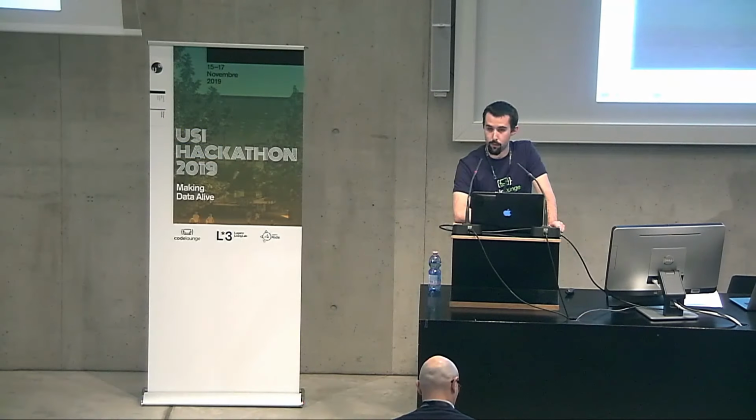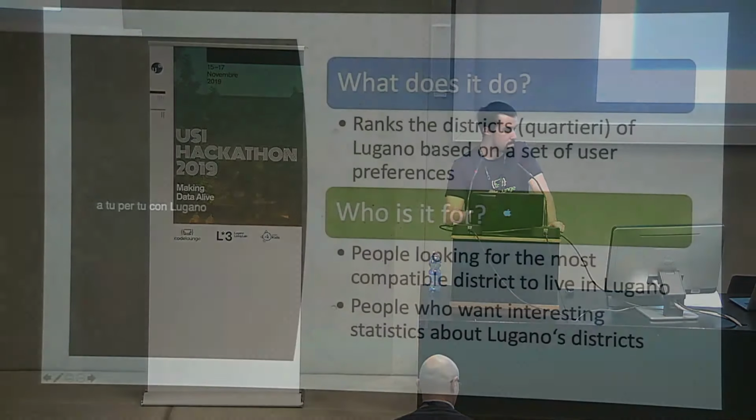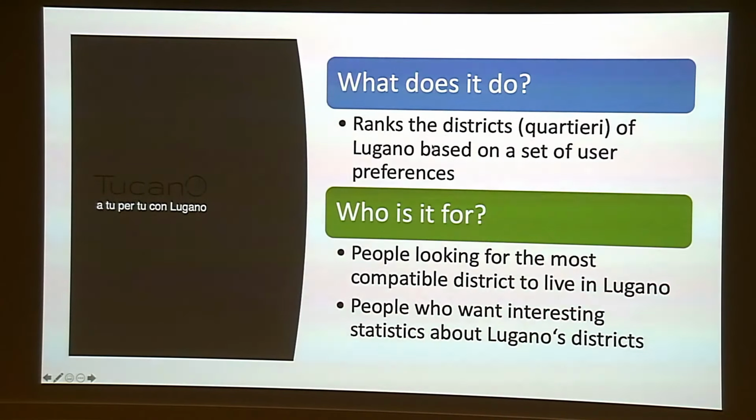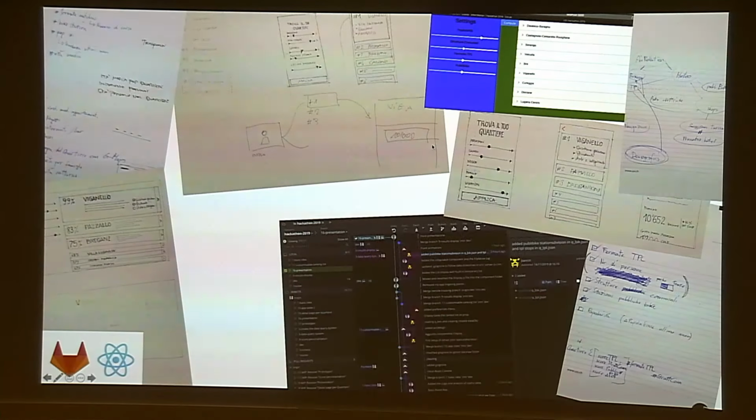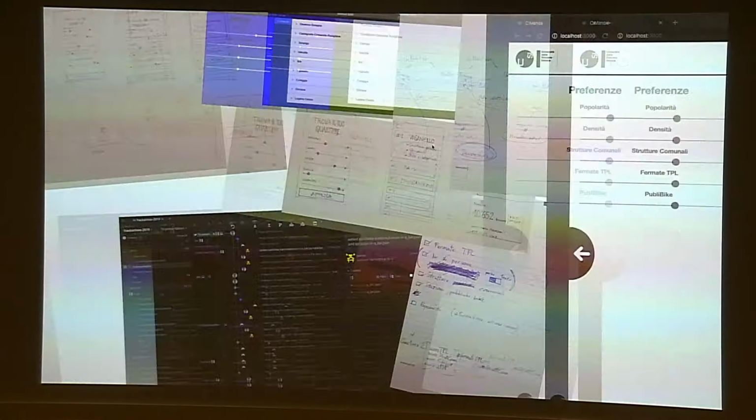Well, people looking for a place to live in Lugano that suits their choices. Perhaps someone who wants more information of the districts, like the city itself for development purposes, public transportation services, or real estate agencies who want to place perhaps their advertising. So we put in a bit of work, and this is what we came up with.